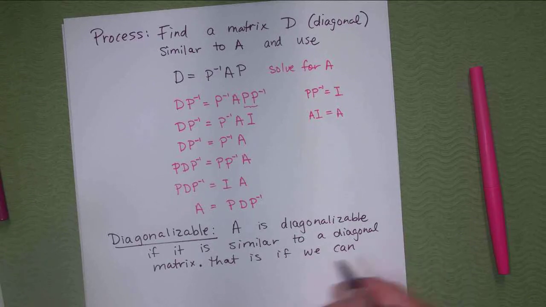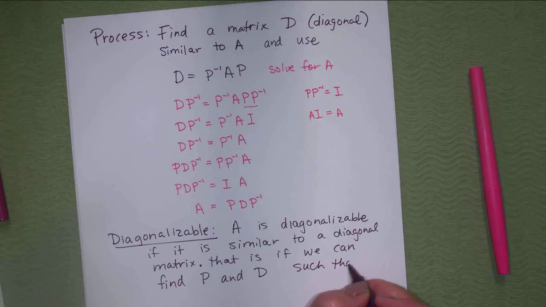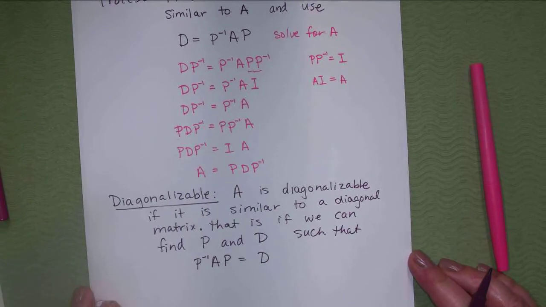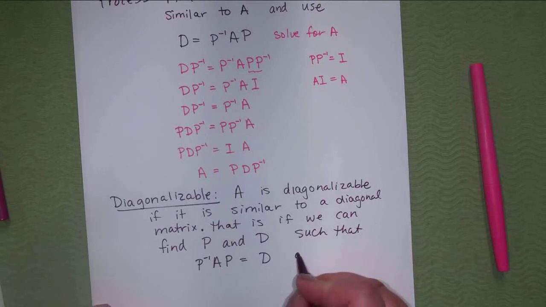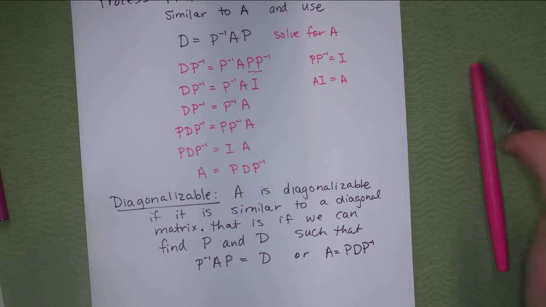That is, if we can find P and D such that P inverse A P is equal to D, or rearranged. So that's what we're going to try to do.